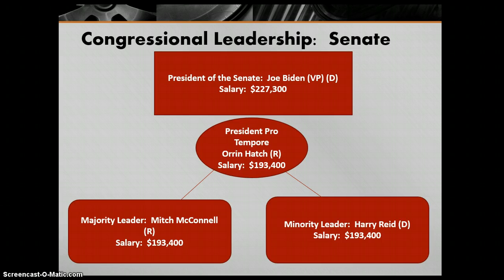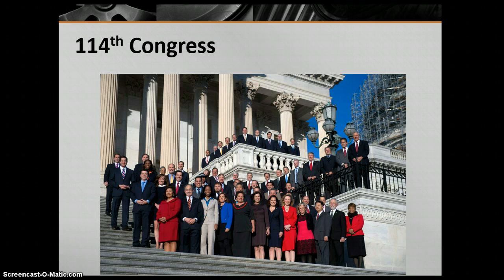The president of the Senate and the president pro tempore usually only cast a vote in decisions concerning legislation and such if there is a tie. You will see that Orrin Hatch is the current president pro tempore, the majority leader, again by Republicans, Mitch McConnell, and minority leader Harry Reid for the Democrats.